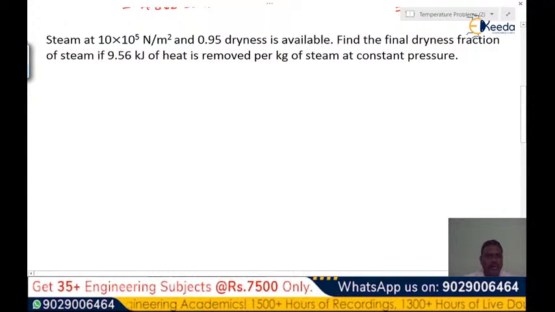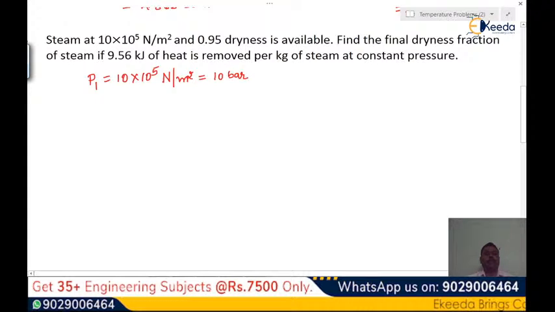So initially at state point 1, at initial state, the pressure P1 is 10 into 10 to the power 5 Newton per meter square. That means it is 10 bar, because 1 bar is 10 to the power 5 Newton per meter square.